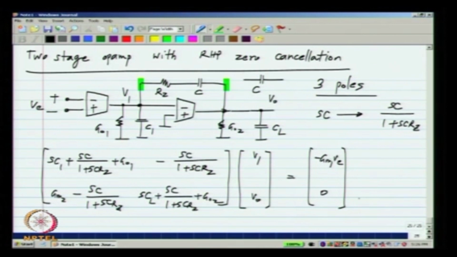Here we have minus Gm1 Ve and 0. And by taking the determinants you can find the solution.